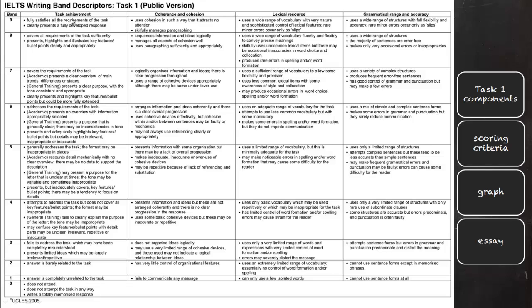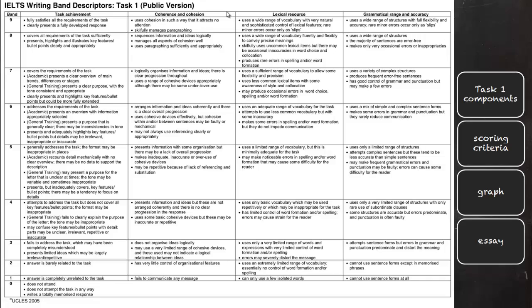One is going to be called task achievement, which basically means how well did you answer the question. The second one is coherence and cohesion, and this is all about how you ordered and arranged the information in your body paragraphs, and also if you are using transitions.